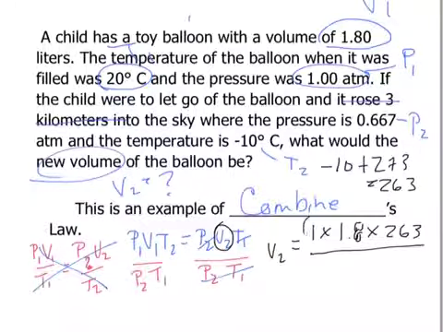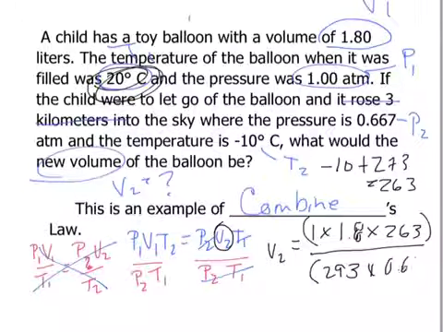And I'm going to keep everything on top in parentheses and everything on the bottom in parentheses. So in this case, this is going to be 293, because again, it was 20 degrees C, and we added 273 to it. And this is times P2, and P2 was 0.667.